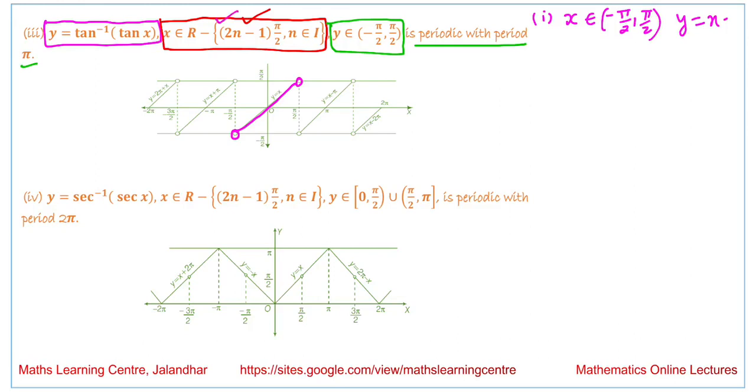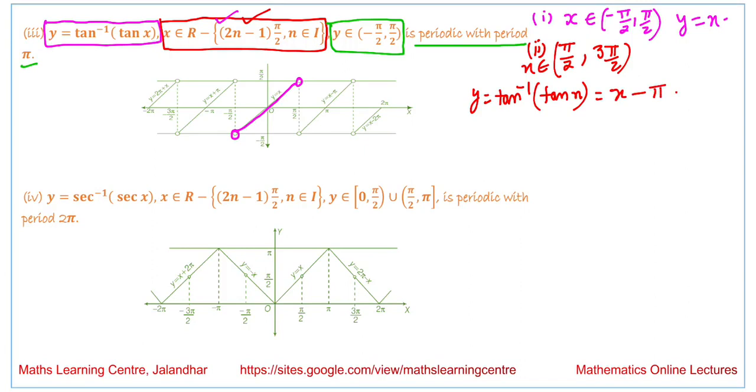Next, the second interval we consider is from pi by 2 to 3 pi by 2, x belongs to this open interval. So the value of y is equal to tan inverse of tan x, that will be equal to x minus pi.